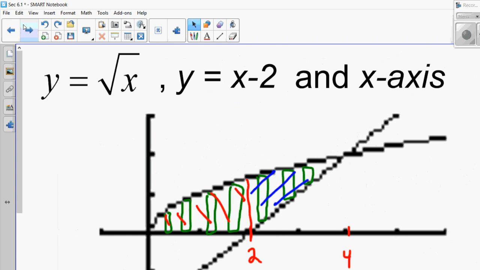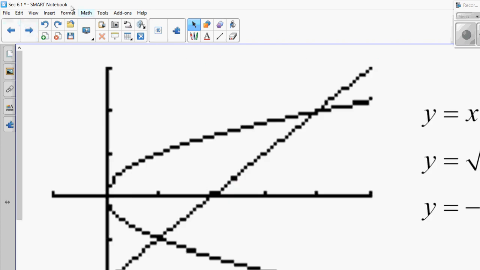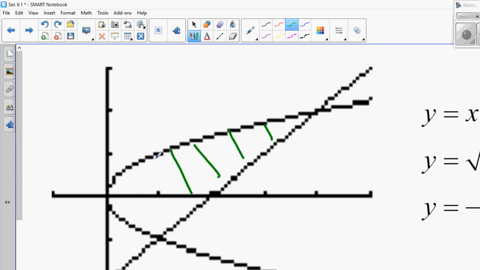Now, one thing I want to talk about to lead us into our next video is if we look at something like this, and let's say we are looking at this area right here. We have a whole bunch of different things here.